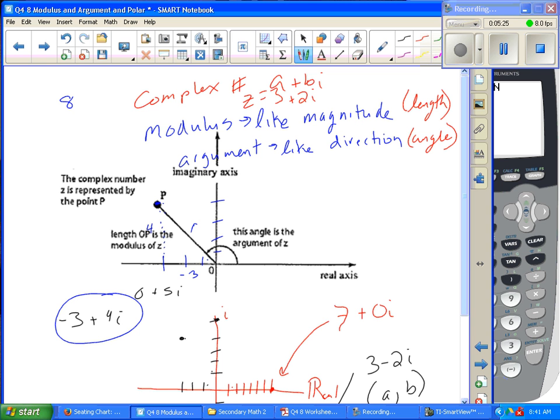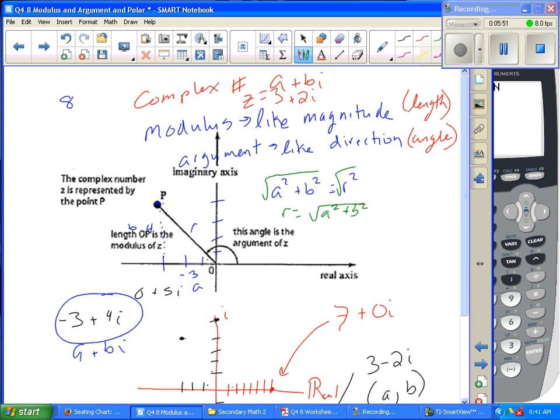In the format a plus bi, the 3 is my a, the 4 is my b. So a squared plus b squared equals r squared. Then I would take the square root, and so r equals the square root of a squared plus b squared.